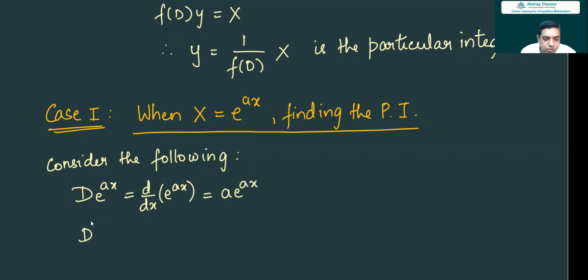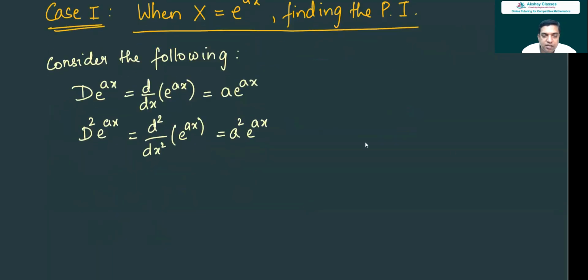So d square e power ax will be the second derivative. Now the second derivative of e power ax will be a square e power ax.